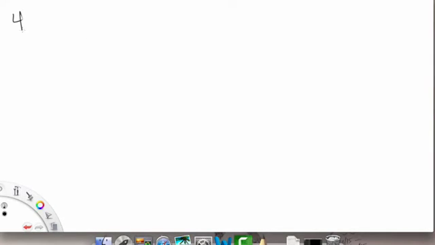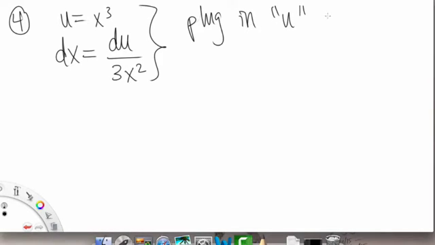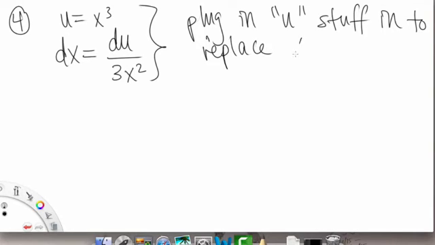So now that we have both that u is equal to x to the third and that dx is equal to du over 3x squared, then what we're going to do with both of these pieces of information is plug in all of our u stuff that we can in for the x stuff, to replace all of the x stuff in your integral.